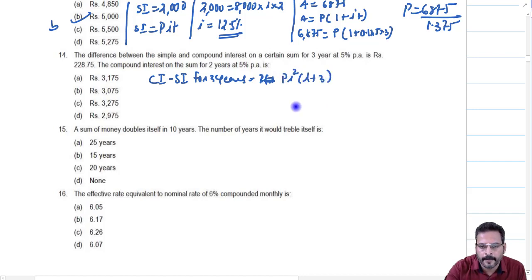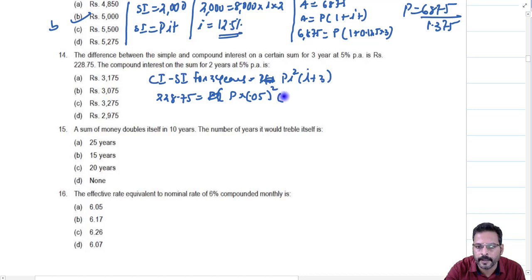So we know that the difference is 228.75, equal to P into I square into I plus 3, with I as 5%, 0.05, the whole square into 0.05 plus 3.